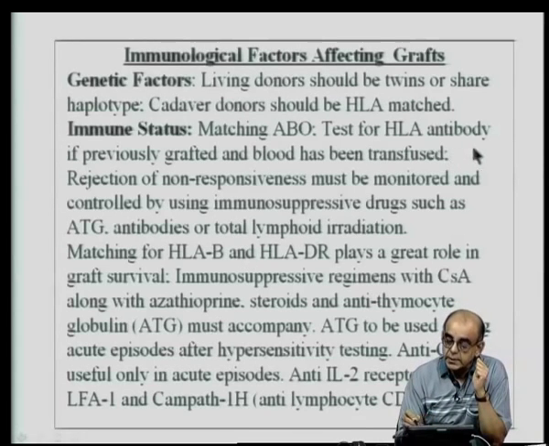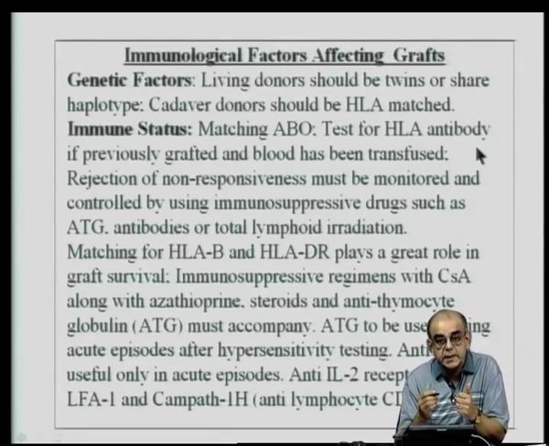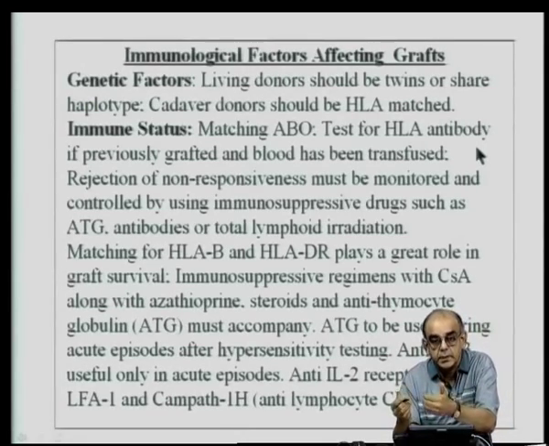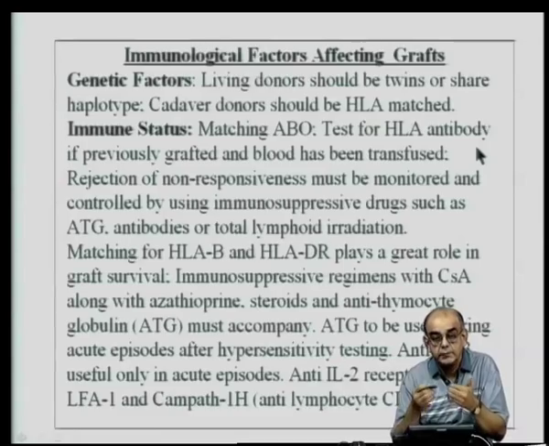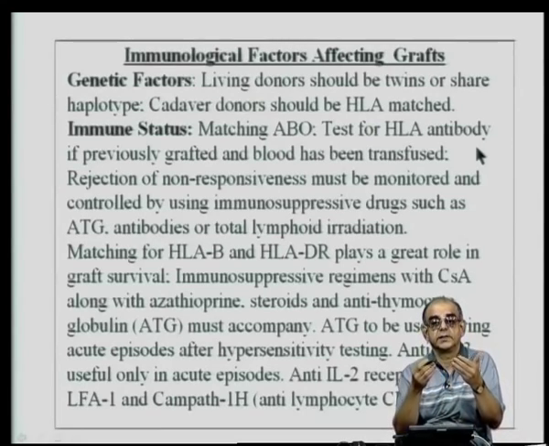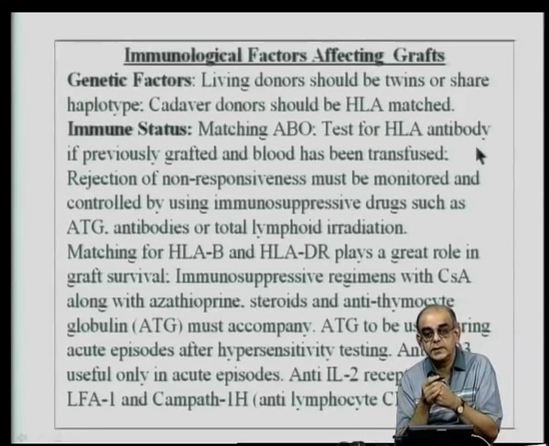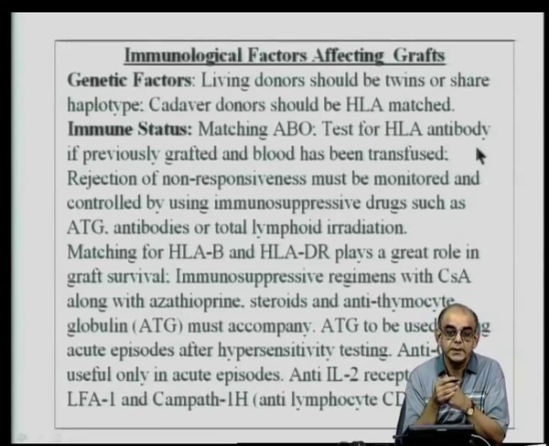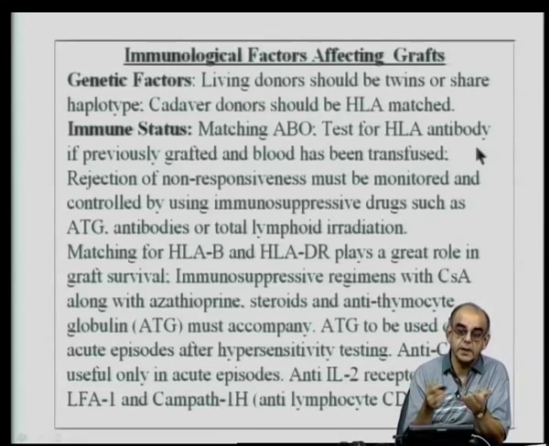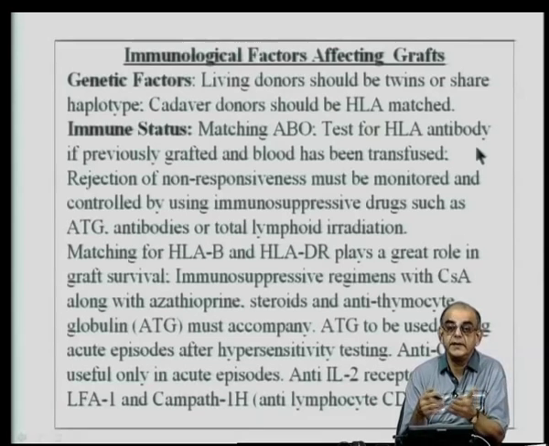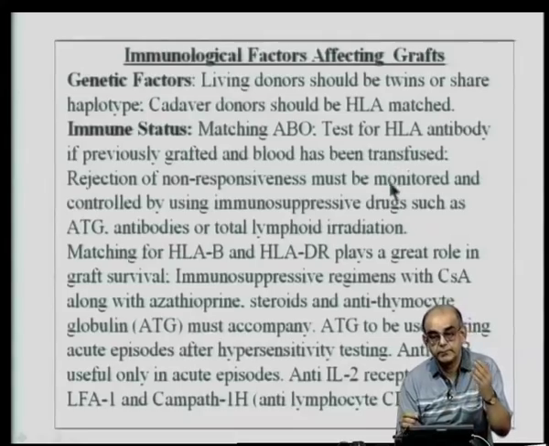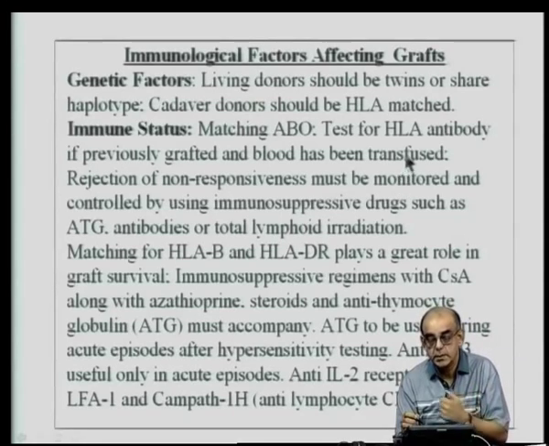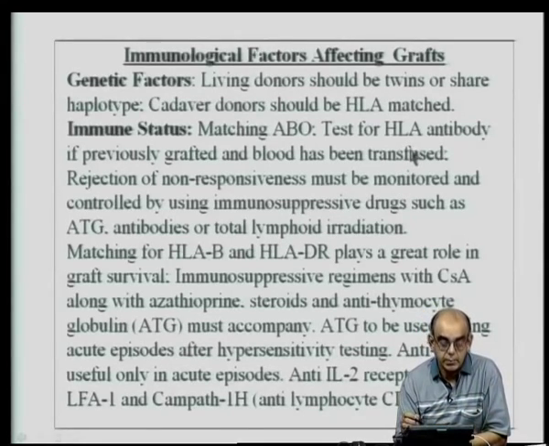Also, one has to test for the presence of antibodies to the incoming HLA molecule from the recipient organ. If the person already has, for some reason, antibodies that can recognize some glycosylated portion of the incoming HLA molecule from the graft, then you will have an immediate reaction against the graft. So, one has to pre-test the recipients for anti-HLA antibodies.